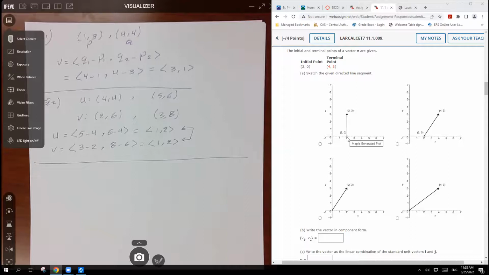So it could be this one, 100% not this one, 100% not this one. So one of these graphs. What about 4, 3? This is 4, this is 3. So which one? This one or this one? 100% it's going to be this graph, because we're sketching the line, not the vector, okay?